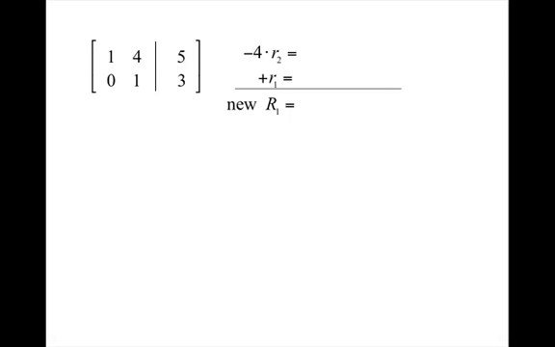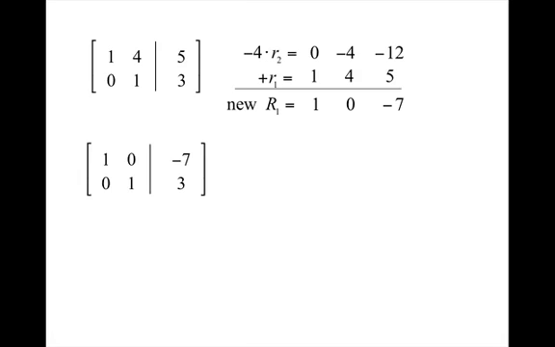So -4 times row 2 gives me 0, -4, -12. Row 1 was 1, 4, and 5. Now if I add the 1 and the 0, I get a 1. If I add the -4 and the 4, I get the 0 that I wanted. And -12 plus 5 is -7. So this becomes row 1, and row 2 is going to stay the same.